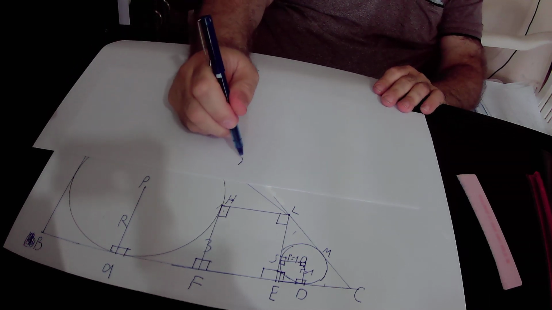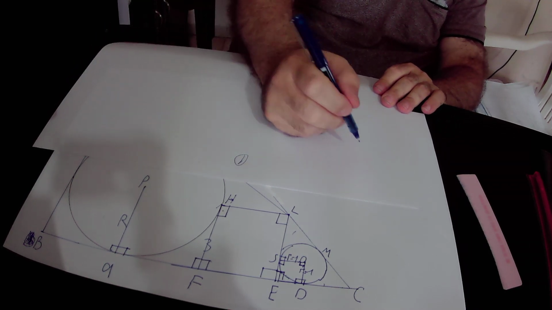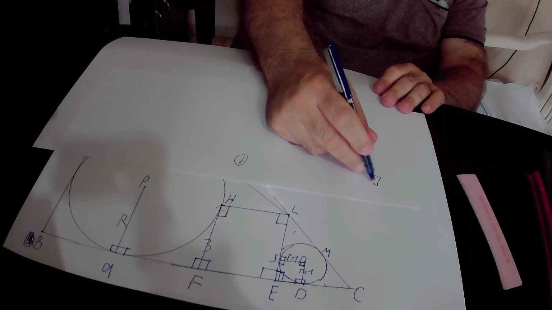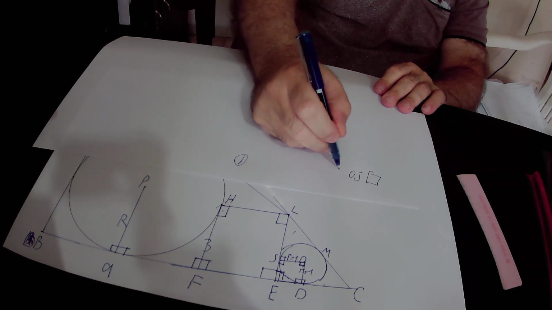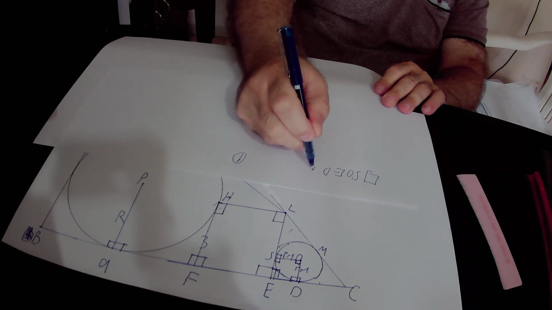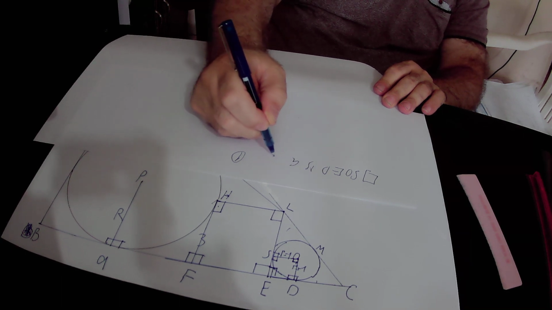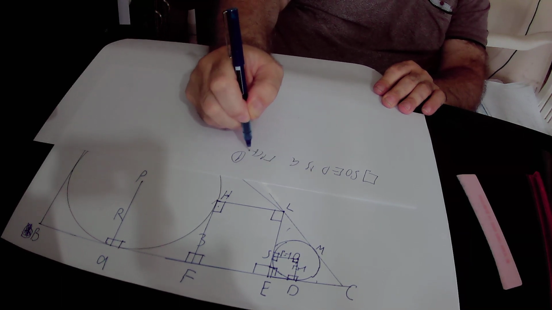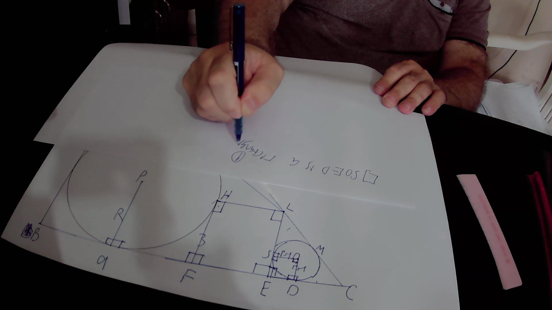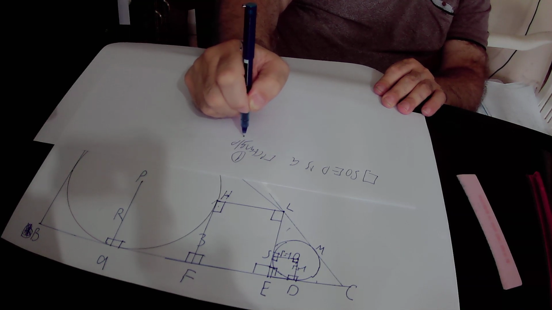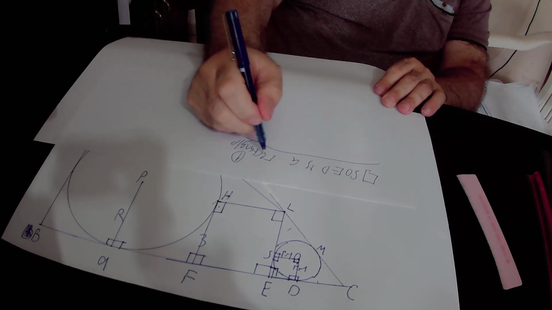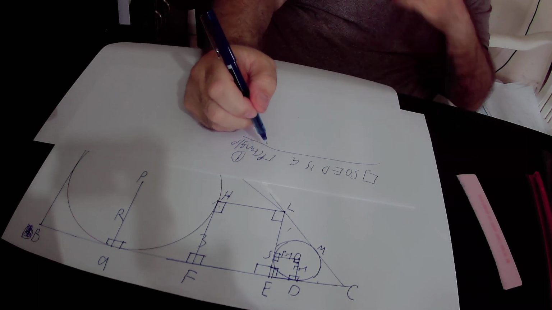I'll write it down. Quadrilateral SOED is a rectangle because it has 4 right angles. And we know that the opposite sides of a rectangle are equal to each other.